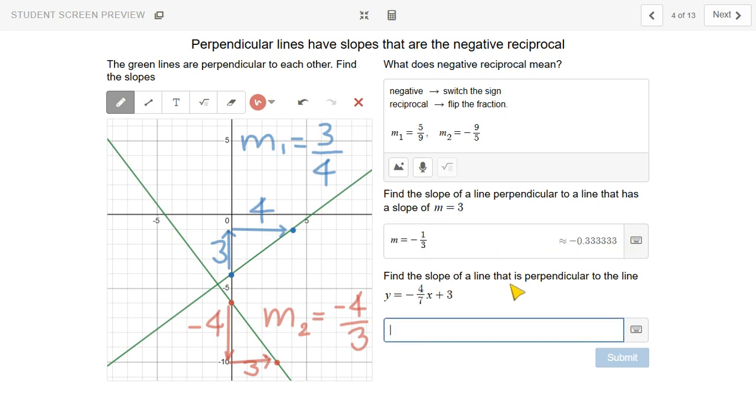Find the slope of a line that's perpendicular to the line y is equal to negative 4 over 7x plus 3. My original slope is negative 4 over 7. My new slope is going to be positive, and my fraction is going to be flipped, 7 over 4.